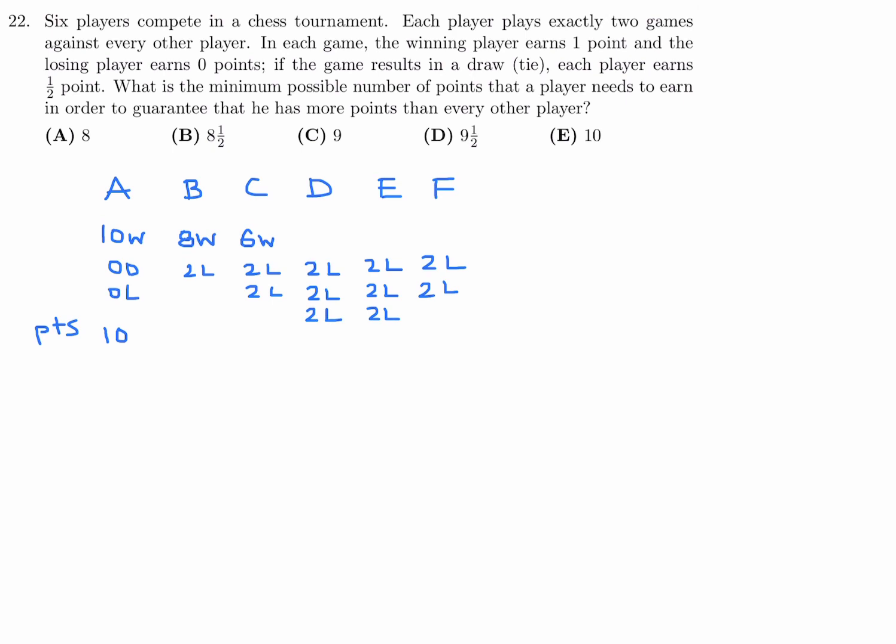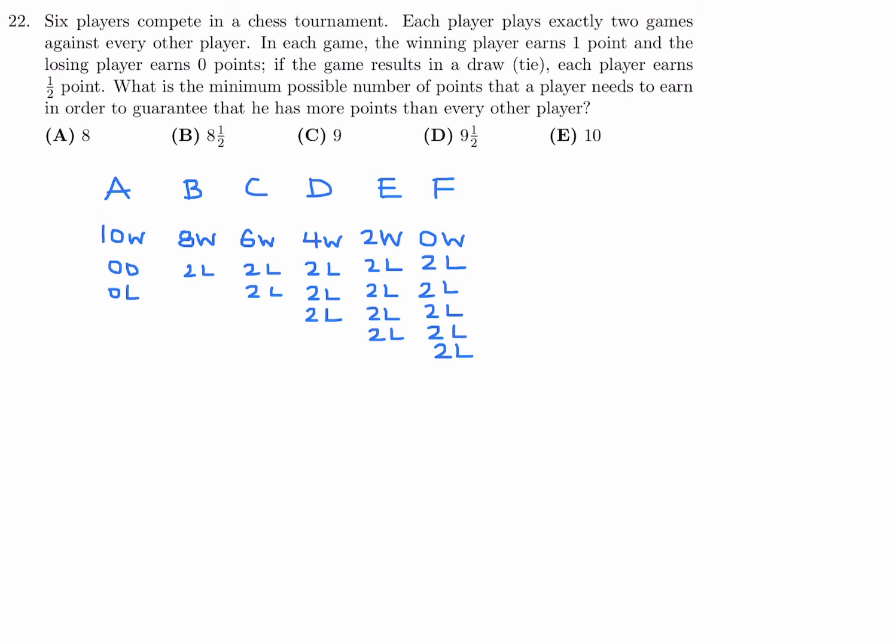2L, 2L, and 2L. D lost 6, so 1, 4. Distribute those 4 losses evenly among the other 2. E finally lost 8, 1, 2. And we distribute those to F, which would be 0 wins. Now let's tally up the points.